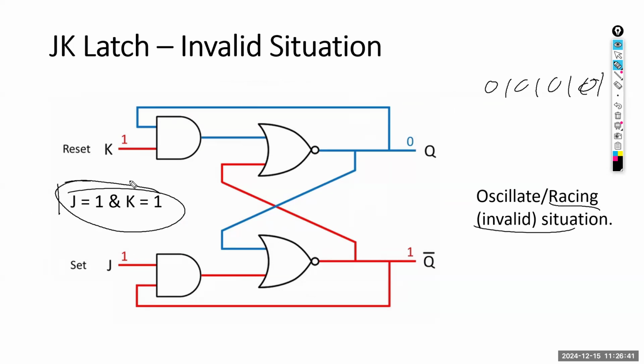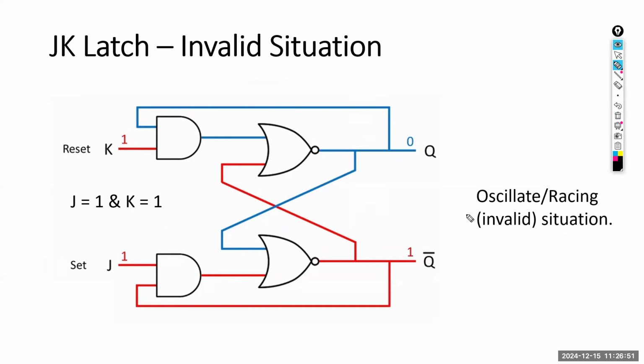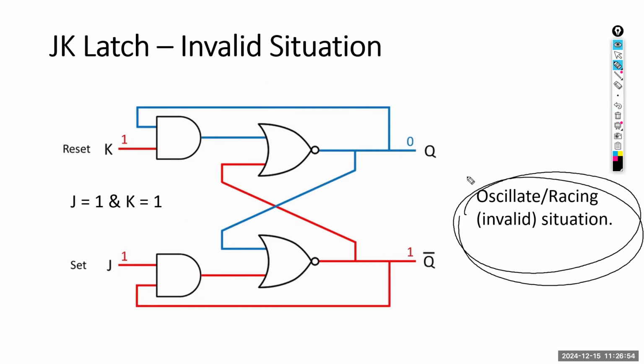So that is why I did not call it an invalid situation, rather inversion or racing situation, because in some applications, we can use it to our advantage. But in general, yes, this is also an invalid situation because this keeps changing your current value. 0 becomes 1, then 1 becomes 0, then 0 becomes 1, and so on. Okay.